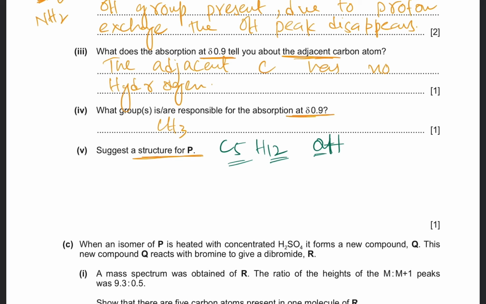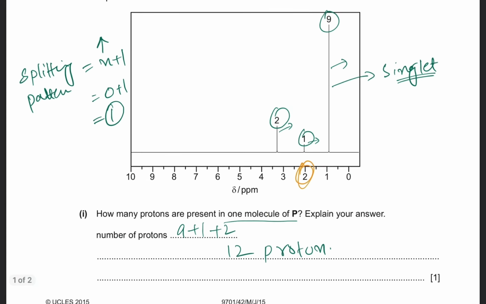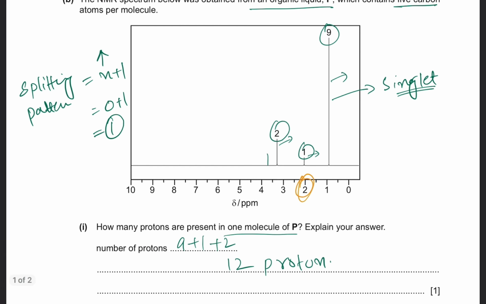From the proton NMR, there are only 3 different types of protons, of which 9 are the same, and these 2 are the same. This is also a singlet, which means the adjacent carbon has no hydrogen atoms attached. And this peak is due to OH.